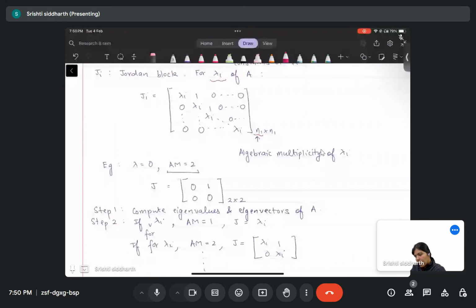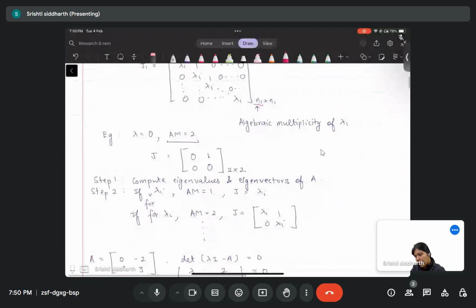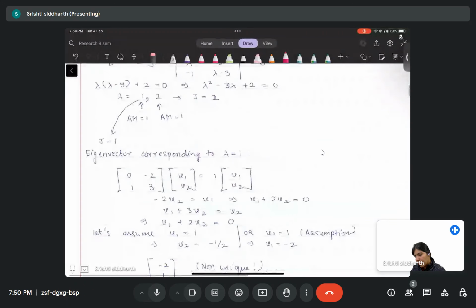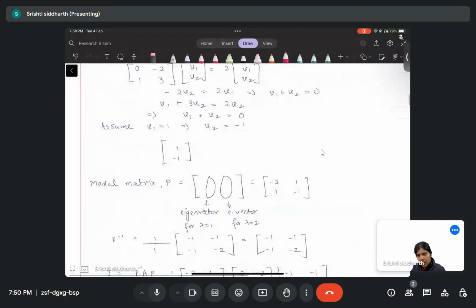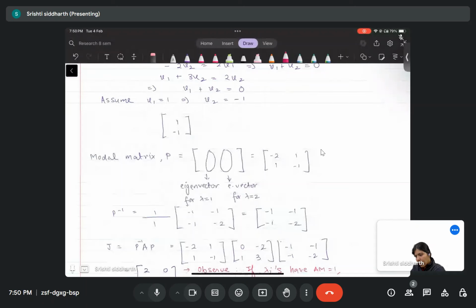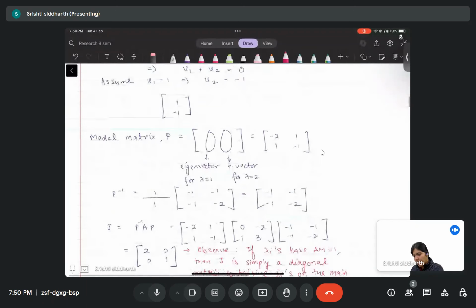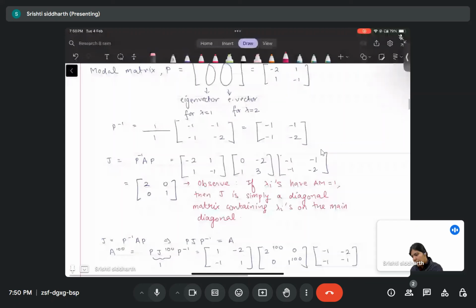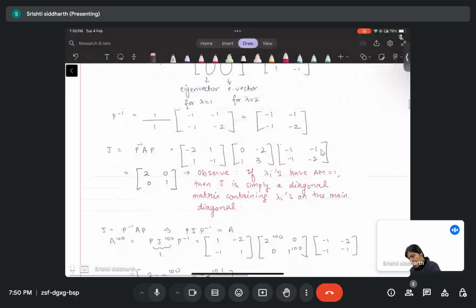From the model matrix P, found out J by P inverse AP, and then found out e to the power 100 and e to the power 80.